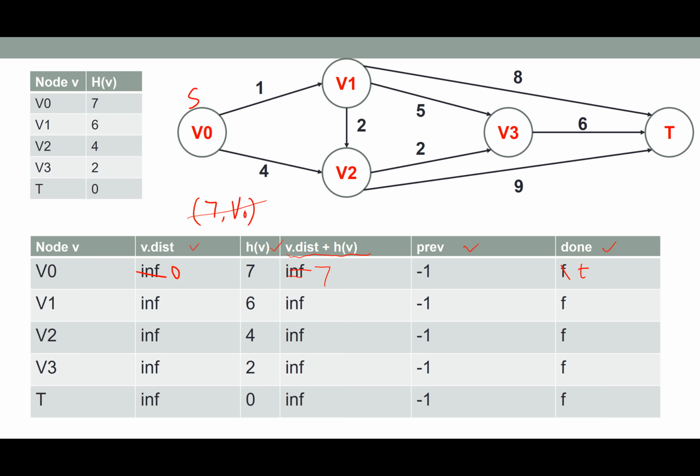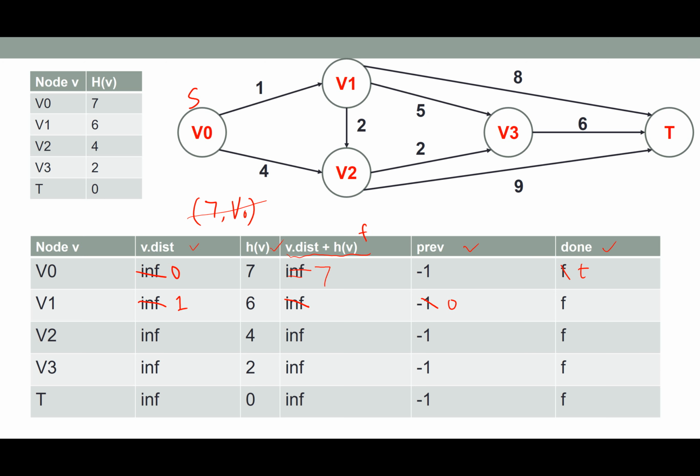If you look at the triangle inequality for Dijkstra, for V1 the dist is updated as 1, and previous is updated as 0, so it's going to come from V0. At this time, we can also update v.dist plus h(v), which is what people usually refer to as f.